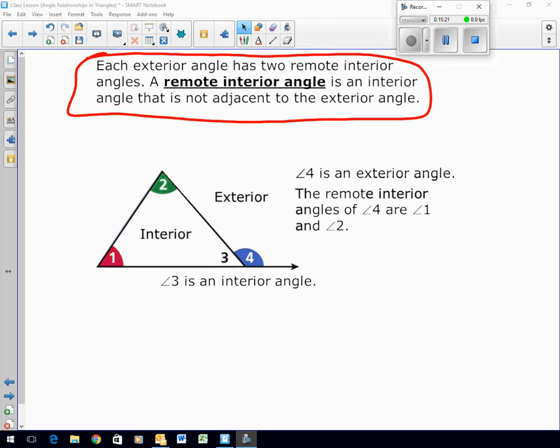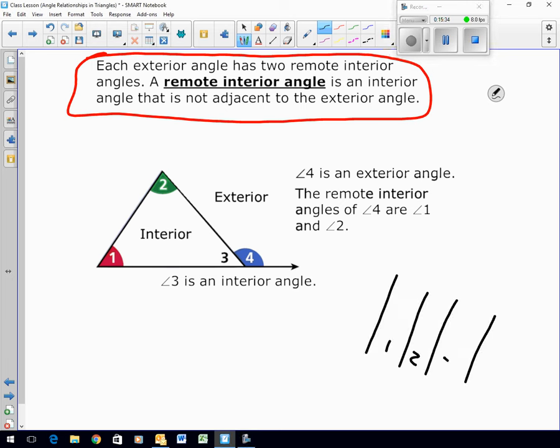Think about this, guys. You're driving, you're like 15, 16-ish, correct? Imagine these are parking spots. Which two parking spots are adjacent to number 2? 1 and 3.